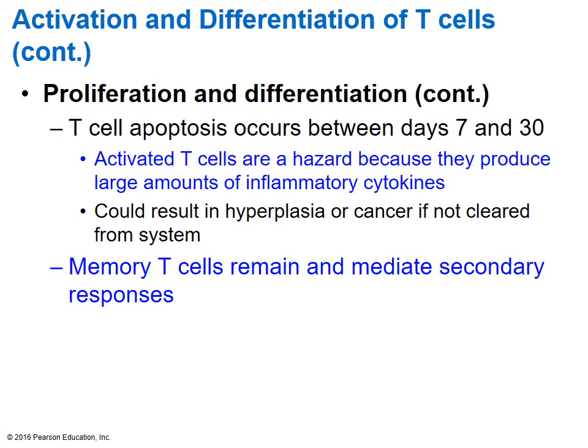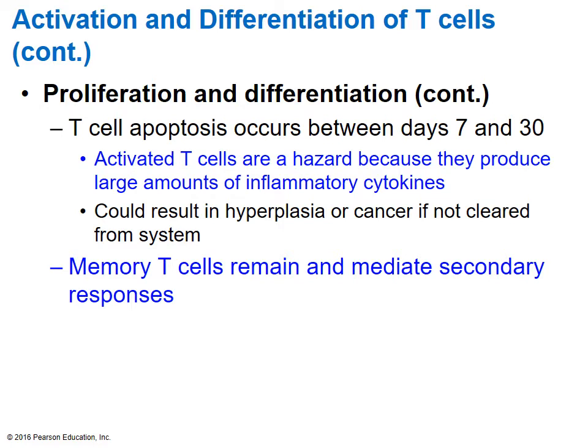Now, part of the reason that we want to taper down our T cell response is because as the T cell is inducing apoptosis and killing off our foreign antigen, it also sets off another type of response, which means that it's going to cause inflammation to occur. So it's almost like there's a site of injury. And if that site of injury isn't tapered down and cleaned up quickly, it can actually increase our chances of having hyperplasia, where our cells become enlarged and stop functioning normally, or even worse, we can have cancer cells that start to make an appearance.